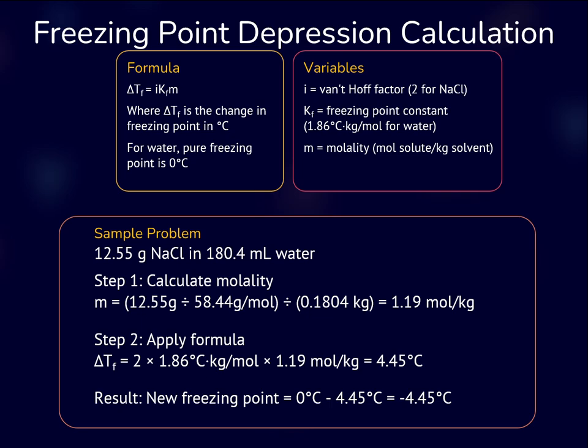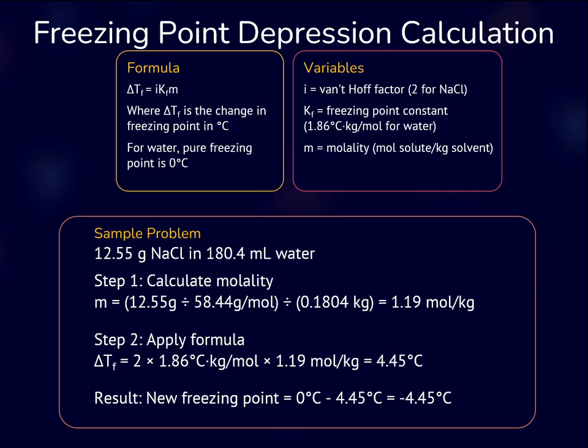So now that we have a mole value and a kilogram value, we can calculate the molality. It's going to be the 0.215 moles divided by the 0.1793 kilograms, which will give us a molality of 1.20 moles per kilogram. So now that I have that value for that lowercase m, I can plug that value into my equation.